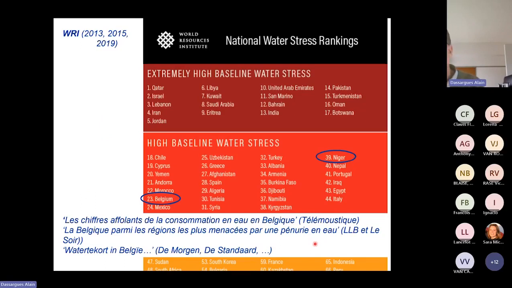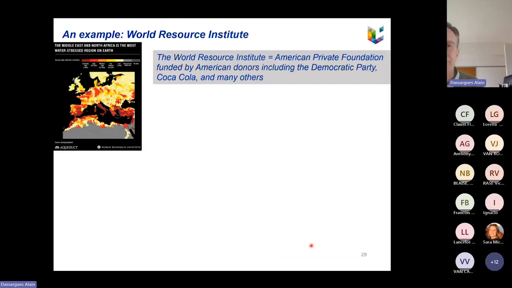But then I made the exercise to investigate a little bit what is below this indicator. First, what is the World Resources Institute? In fact, it is an American private foundation funded by American donors, including the Democratic Party, Coca-Cola, and many others. Maybe Microsoft is part of it, and Google, I don't know.